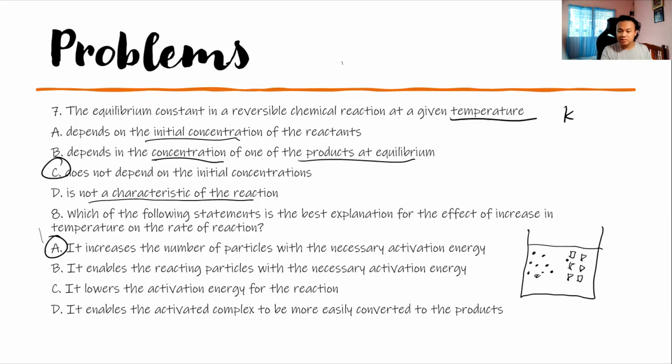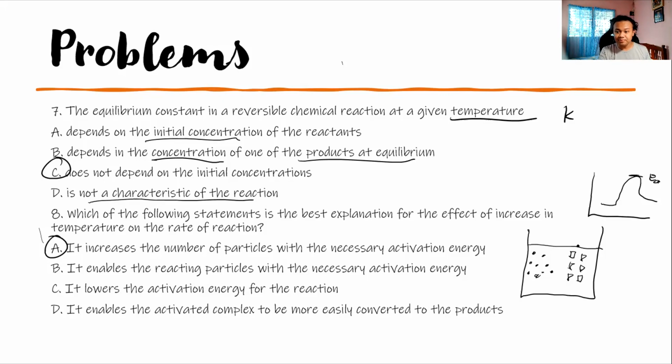So the number of particles with the necessary activation energy matters, because the reaction cannot go to completion without overcoming that barrier, which is your activation energy, right? So for the reaction to happen, you have to overcome this EA. This is the activation energy, so you have to overcome that.